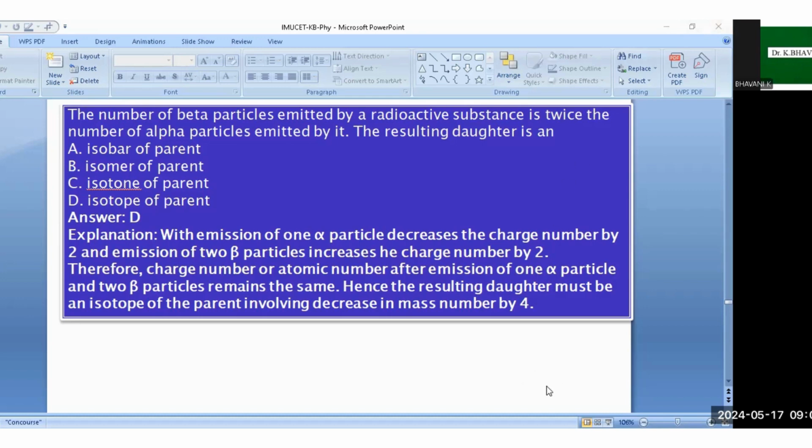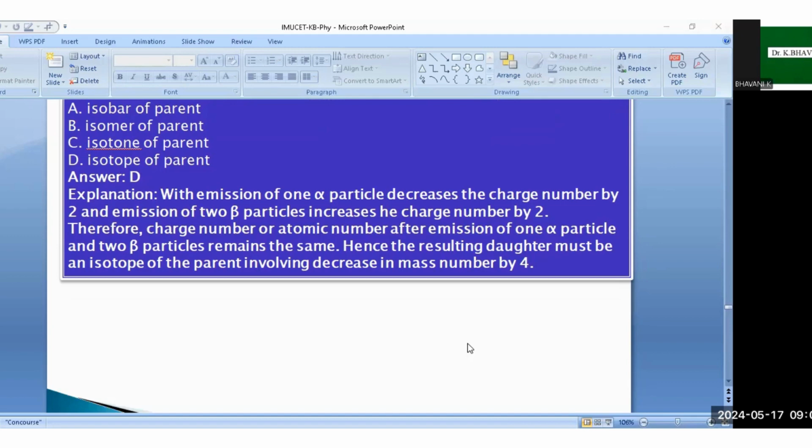The charge number after emission of one alpha particle and two beta particles remains the same. Hence, the resulting daughter must be an isotope of the parent, involving a decrease in mass number by 4.